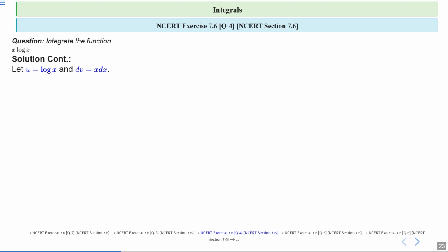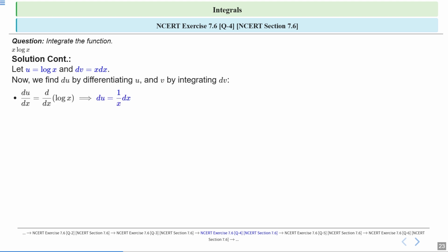Now the problem is we have to find the value of du and v. When we find the value of du and v, we just substitute into the by parts formula. So when we have to find the integral by using by parts, the original problem is to find which function we have to take as u and which function we have to take as dv.